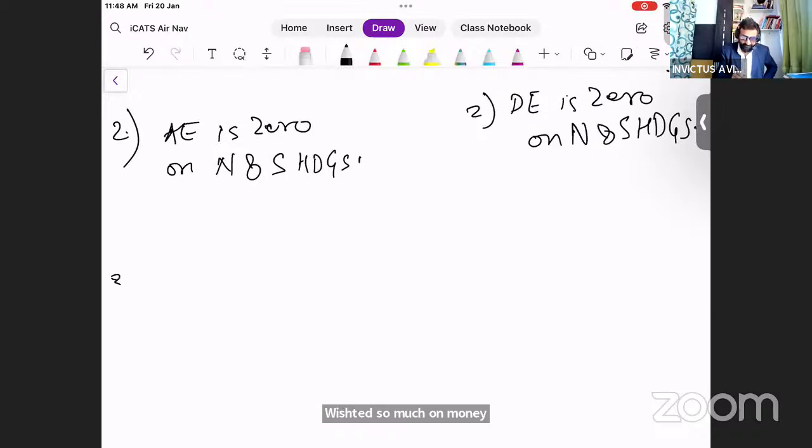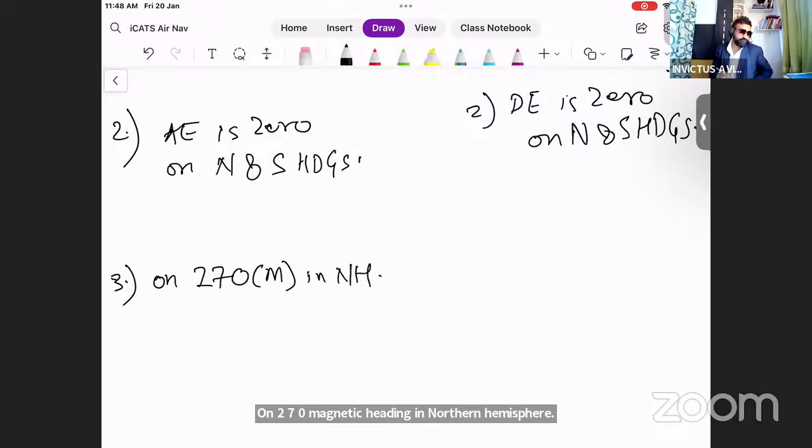Now let's consider specific headings in specific hemispheres. Okay. Write down: on 270 magnetic heading in northern hemisphere.